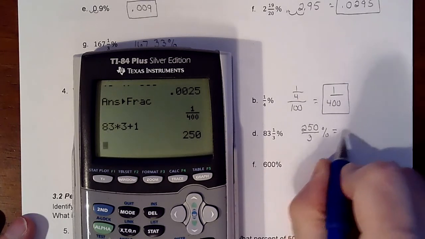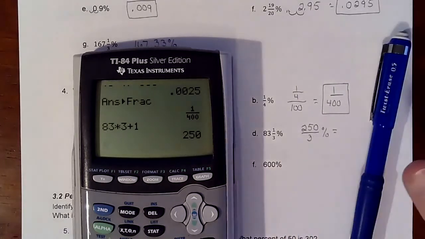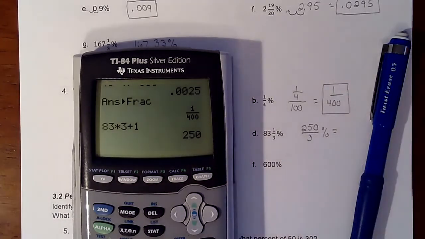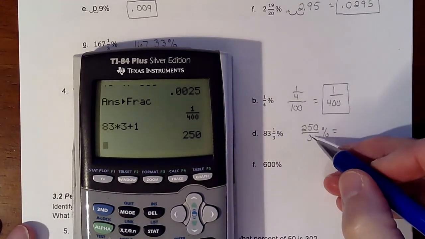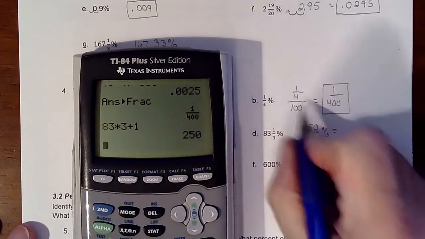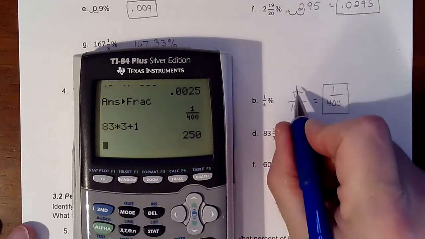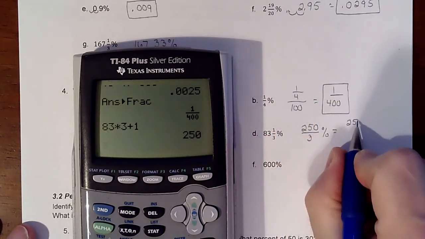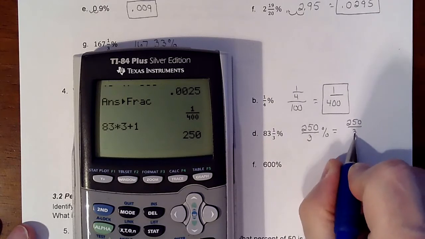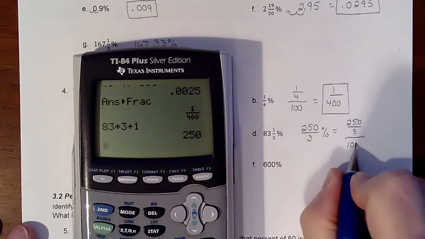All right, so we got 250 thirds. So just like over here, we had 1/4, so we're taking 1/4 over 100. So we're also taking 250 thirds over 100.